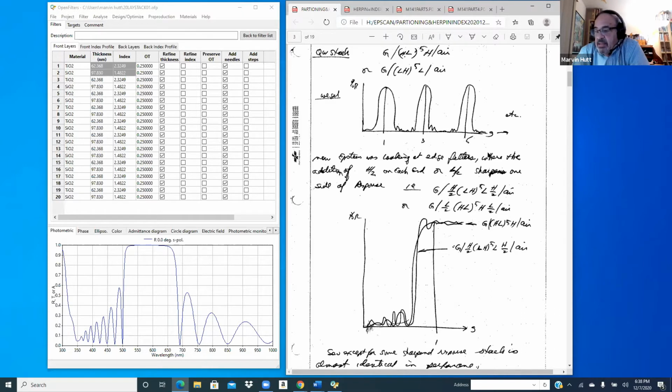The United States made a contract to provide the Russians for the Russian Olympics with color TV cameras. The color TV cameras had 3 cameras in them, one for red, one for green, and one for blue. And Epstein had to make filters that would separate red, green from blue.